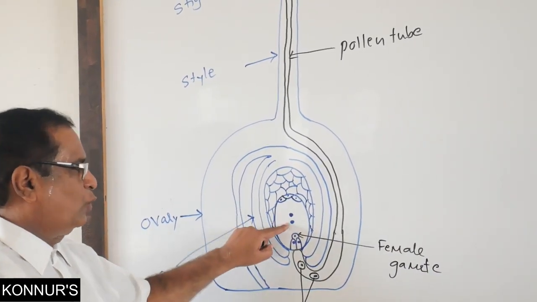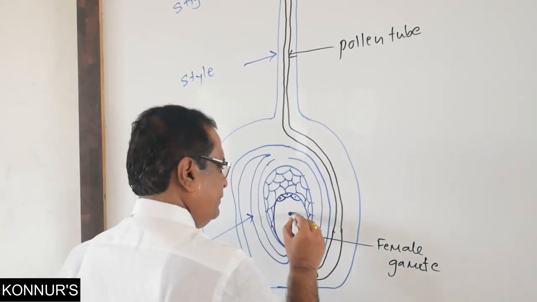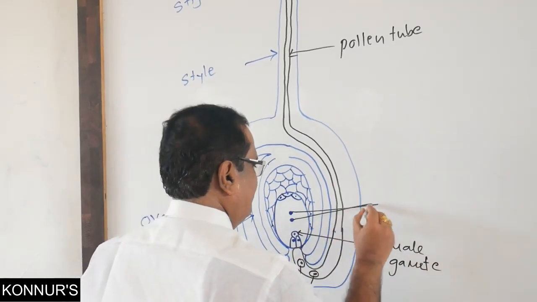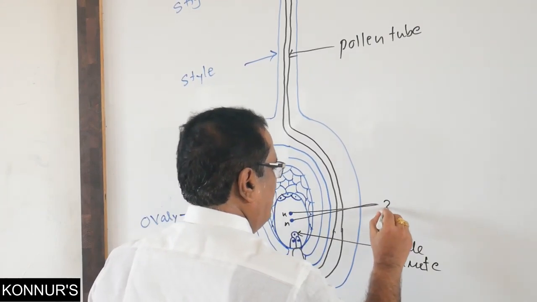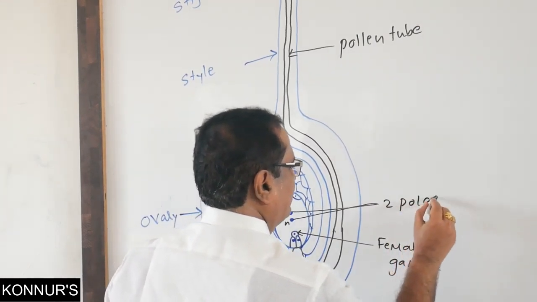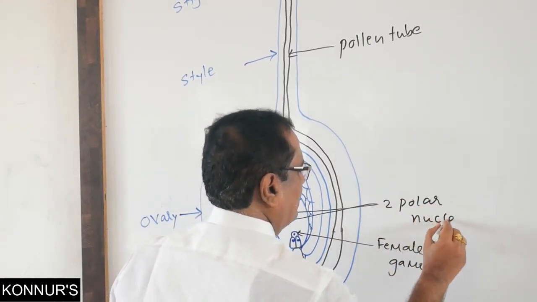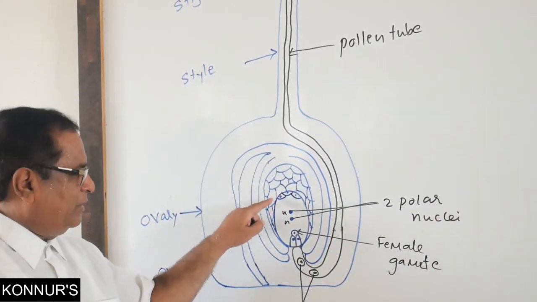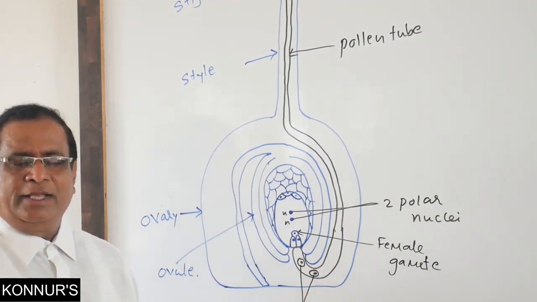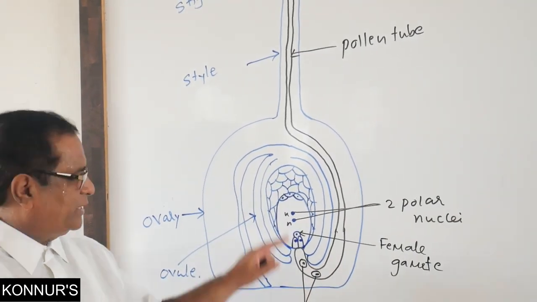In the central cell there are 2 haploid polar nuclei, and 3 antipodals, and this embryo sac is there in the nucellus.